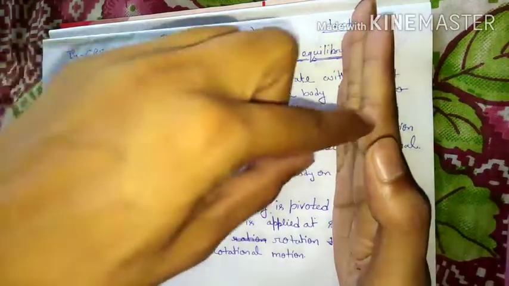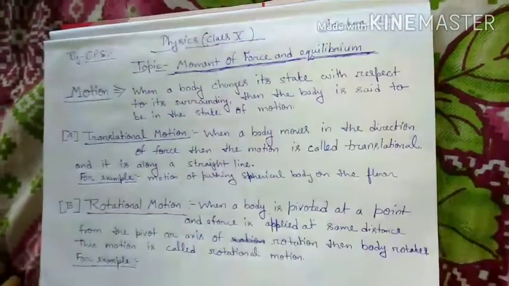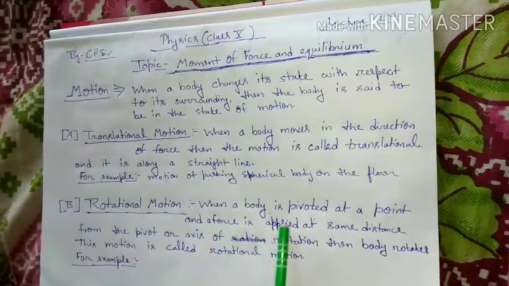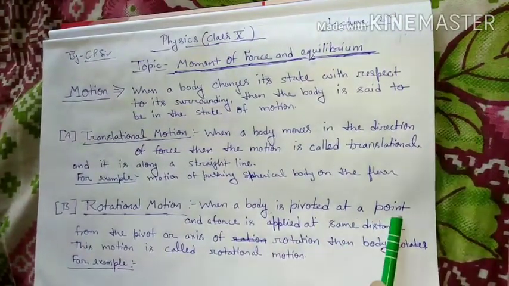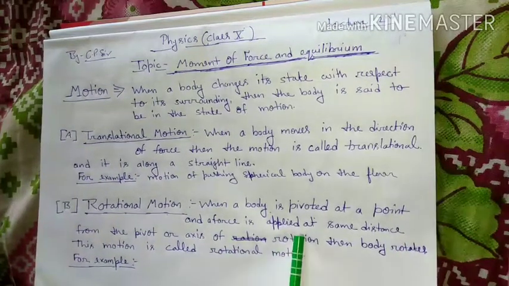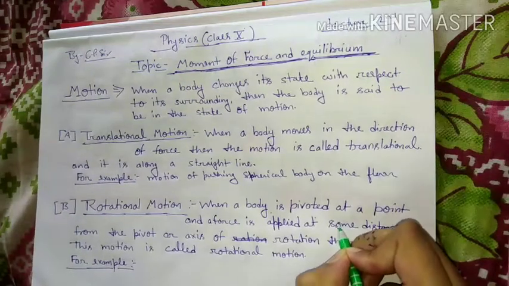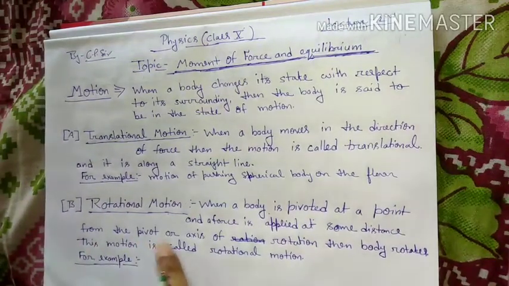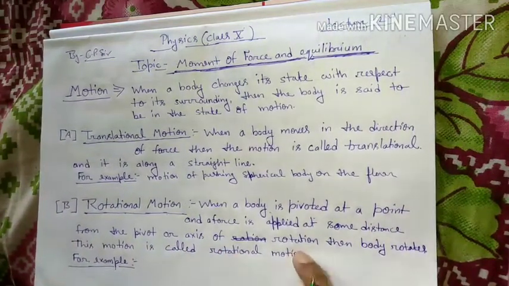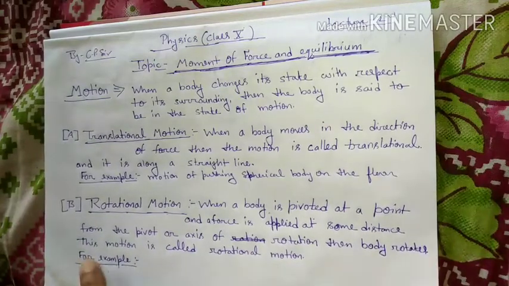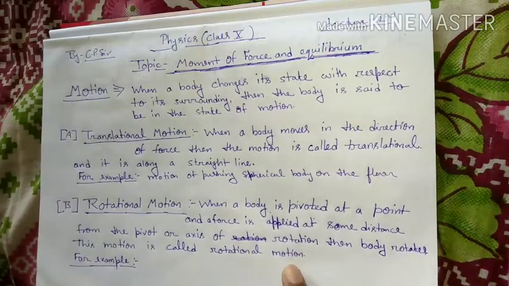Means when a body is pivoted at a point and the force is applied at some distance from the pivot or axis of rotation, then the body rotates.